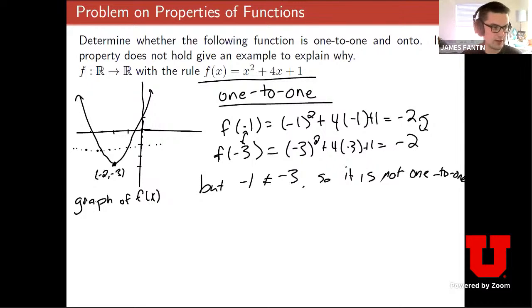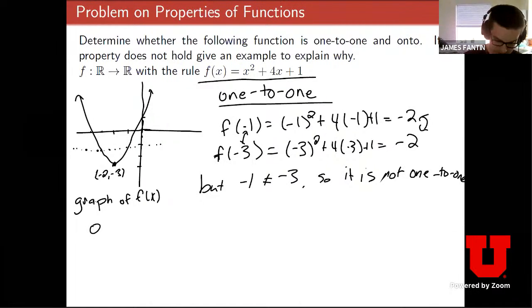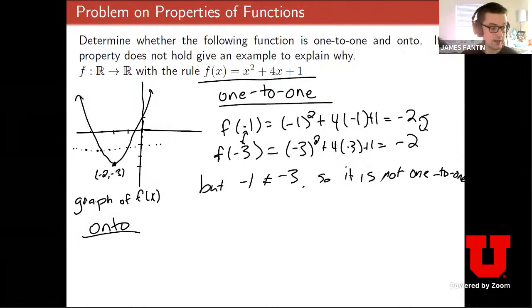And then what about onto? Any ideas, if you just want to type in chat, whether or not you think the function is onto? Yeah, so you have a couple of people saying no, it's not onto, and that is correct. This is not an onto function. In order to show that it's not onto, we need to find some point in the codomain that this function does not map to.